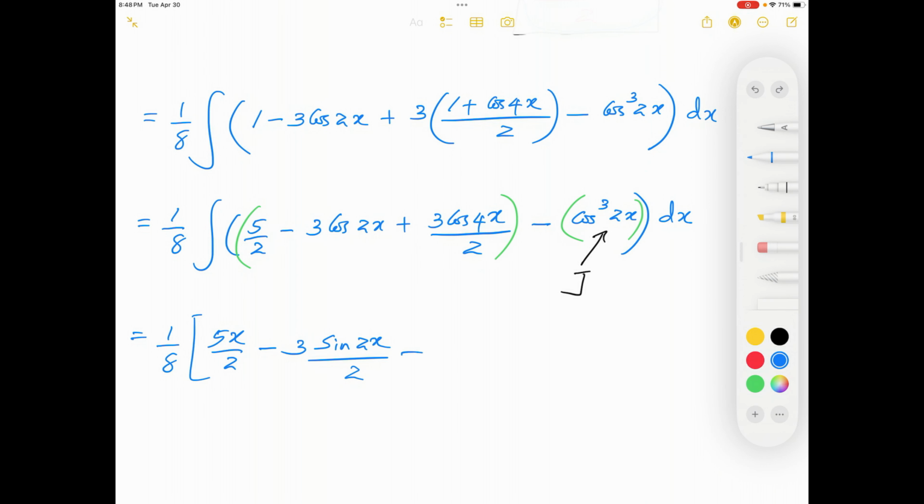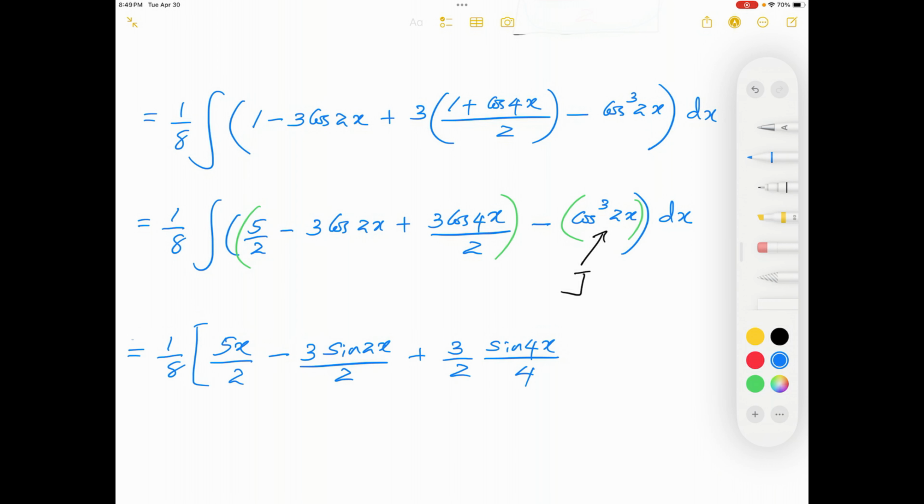It will become plus 3 halves times sine 4x over 4. Alright, that is this first part of the integral we had earlier. And then in addition to that, we have minus integral j. We will evaluate integral j separately and come back here and substitute that answer for j.